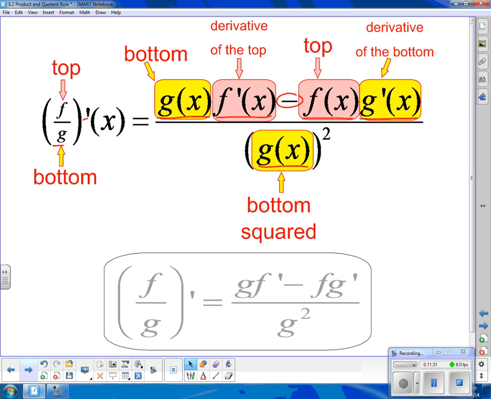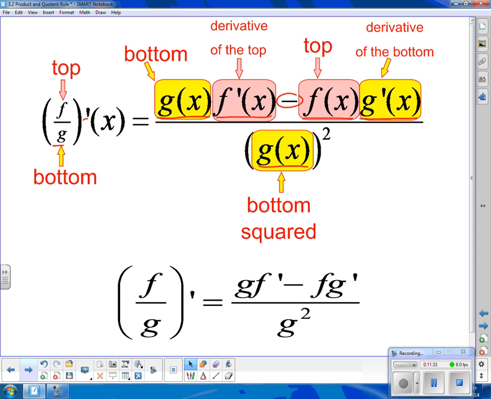So it's bottom derivative of the top minus top derivative of the bottom over the bottom squared. We also can, again, with the prime notation, if we don't put the x's in there, it still means the same thing. It might be a little bit easier to look at. It's g f prime minus f g prime over g squared. Again, I think a combination of remembering these from a variety of ways is probably the way to go.